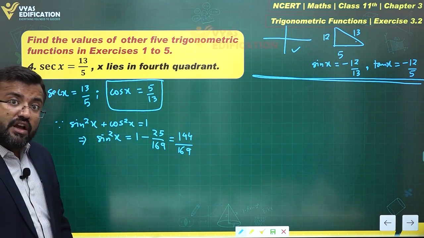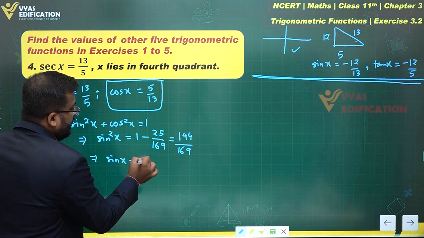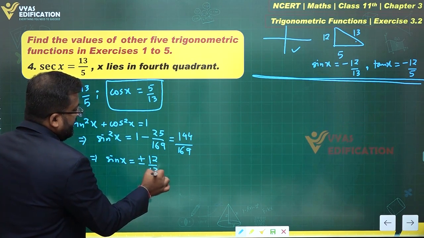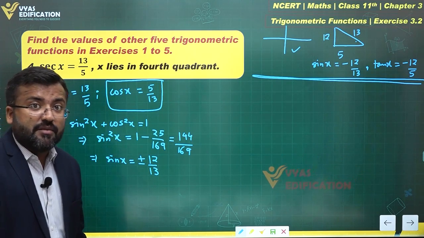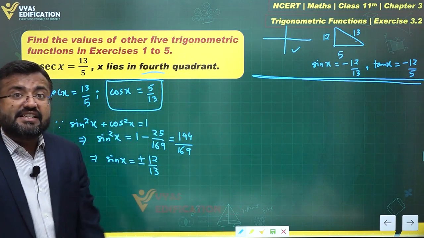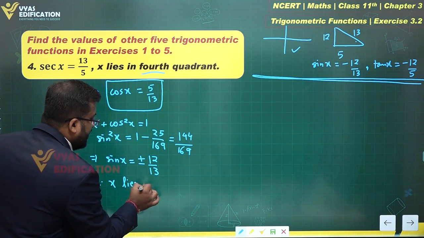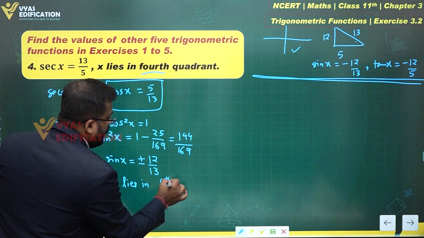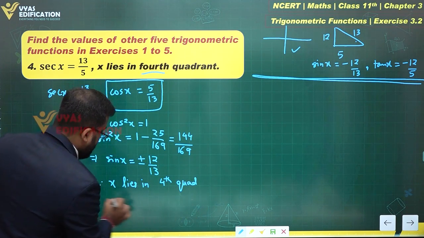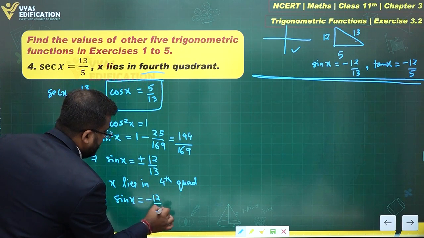Implies sin x will be equal to plus or minus 12 over 13. Which value will you consider? That depends on which quadrant x lies in. Since x lies in the fourth quadrant, sin x is minus 12 by 13.